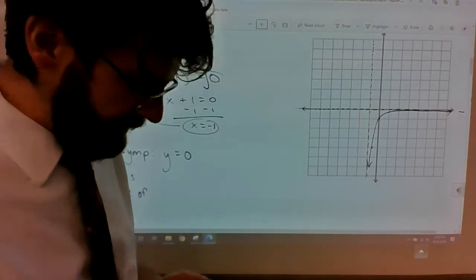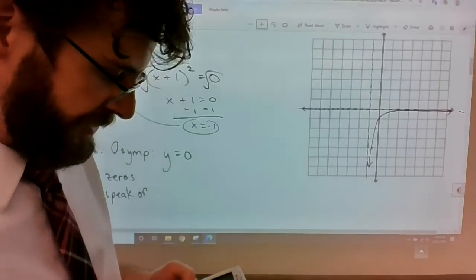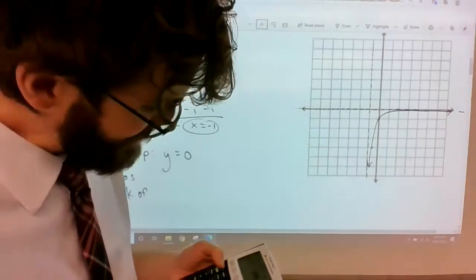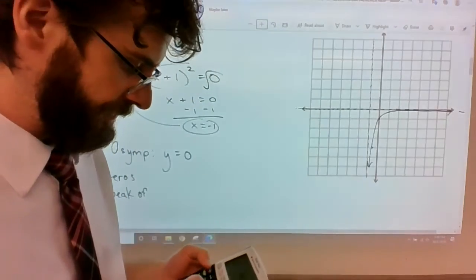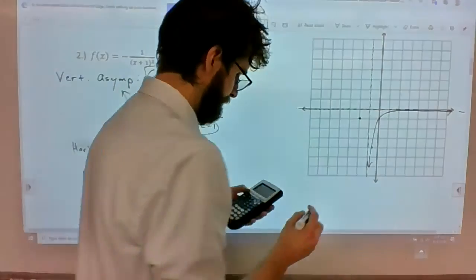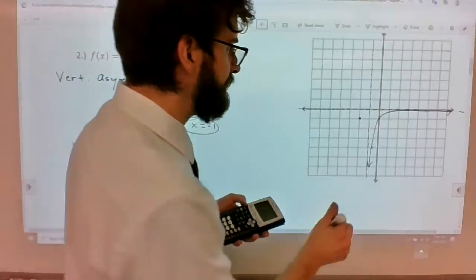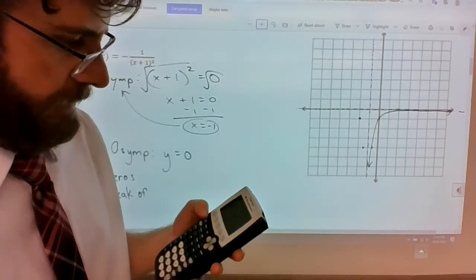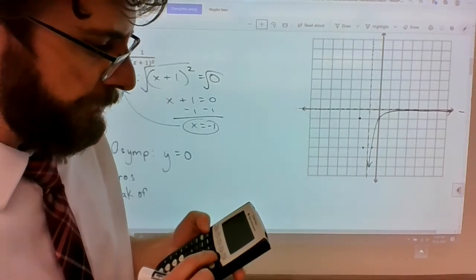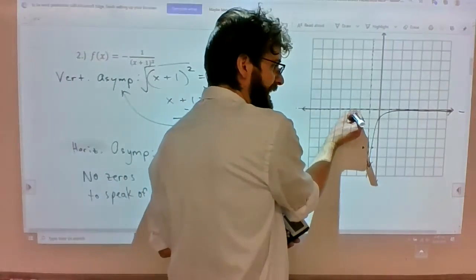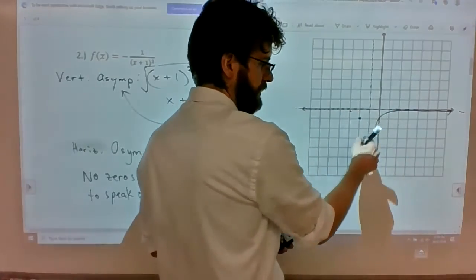On the left-hand side, we're going to start the table at negative 1. Nope, that's an asymptote. Can't do it. Negative 2 gives me negative 1. Negative 1.5 gives me negative 4. Huh, that's interesting. Negative 3 gives me negative 0.25. Wow, it's like I'm looking at a mirror image.